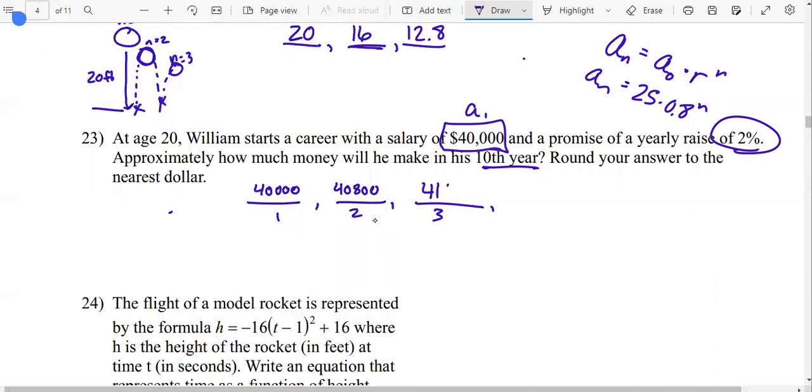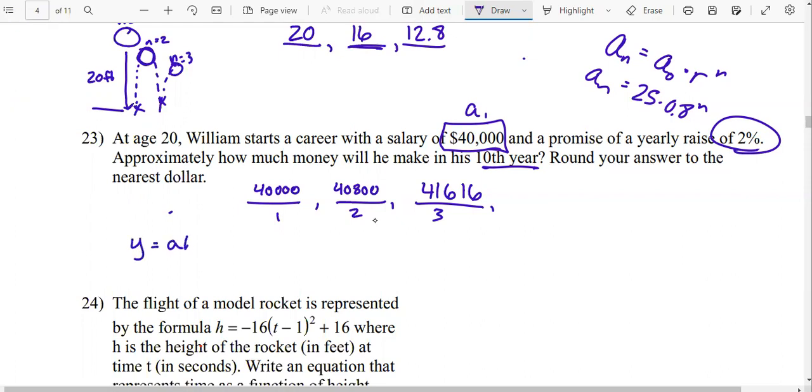So you see the next one, 41,616. He actually makes more than $800 raise in his next year because his raise got a raise. The money he increased after his first year also gets 2% on it. So I'm going to make an equation for this. There's a couple ways you could do it.